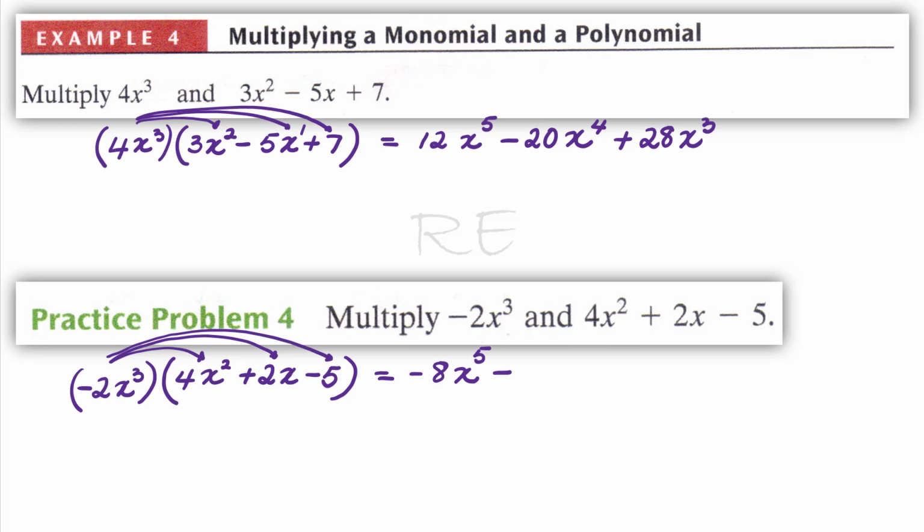Negative 2x cubed times 2x, negative 4x to the 3 plus 1, to the 4th. Negative 2x cubed times negative 5. A negative times a negative is a positive. Positive 10x cubed.